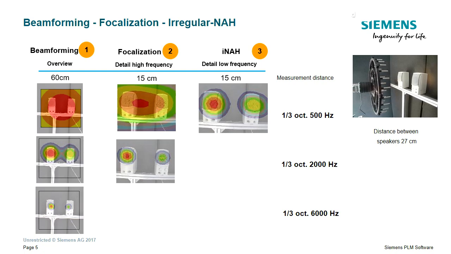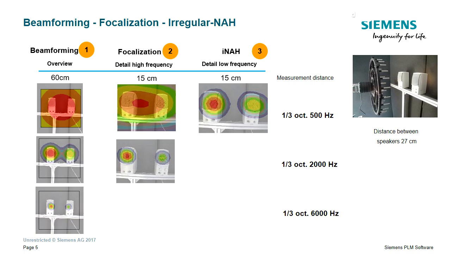On this slide, you see on the left typical results from beamforming, and we're focusing mainly on spatial resolution. Of course, in high frequency, 6 kilohertz, we see really nice red spots on those two loudspeakers. In mid-frequency, here the 2 kilohertz 1/3 octave band, we see a relatively good separation of the two loudspeakers, measured at 60 centimeters.